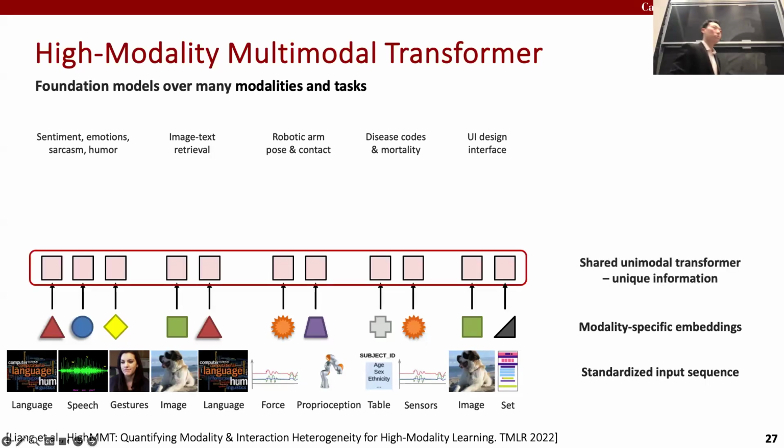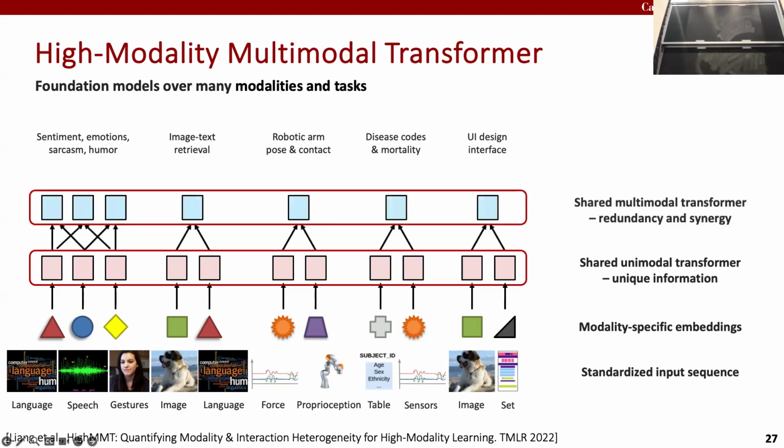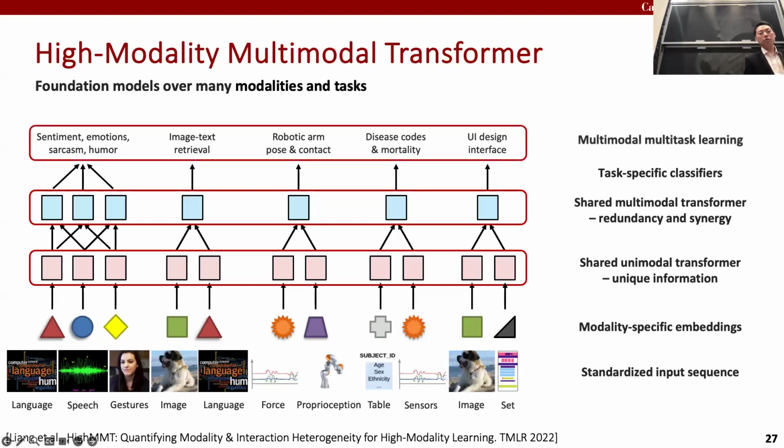Applying unimodal transformers learns unique information, how words in your sentence interact with other words in your sentence in the same modality. Applying a multimodal transformer learns pairwise interactions between words in your sentence and images. That's unique, redundant, and synergistic interactions. And also training task-specific classifiers for many different tasks at the same time. By training all of this together, you can end up with one model architecture with one set of parameters across all of these different input modalities and output tasks, leveraging the power of scale.